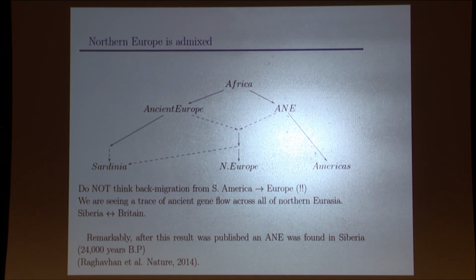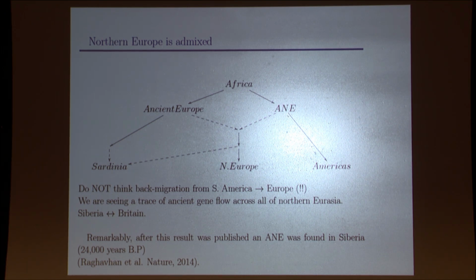You found this based on an F statistic with respect to the Sardinian and one particular American population. Yes. Now the other populations all work, but if you put in a modern population with heavy post-colonial admixture, that dilutes the statistic, just as you would expect.